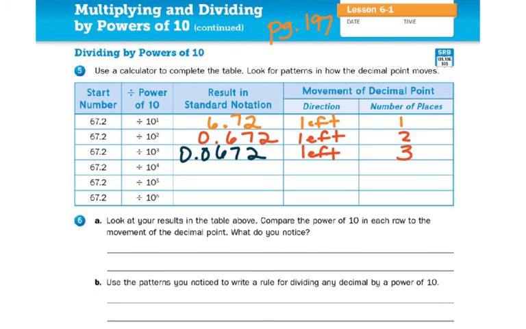Now, if I continue that same pattern, I just move it 4 places. 1, 2, 3, 1 more, 4. So I'm going to add in 1 more 0. So it moved to the left. So it gets smaller as I move it to the left 4 places. 67 and 2/10 divided by 10 to the fifth is going to move 1, 2, 3, 4, 5.